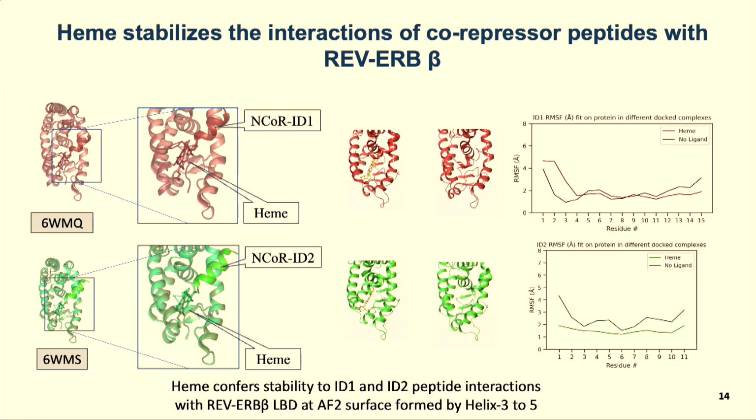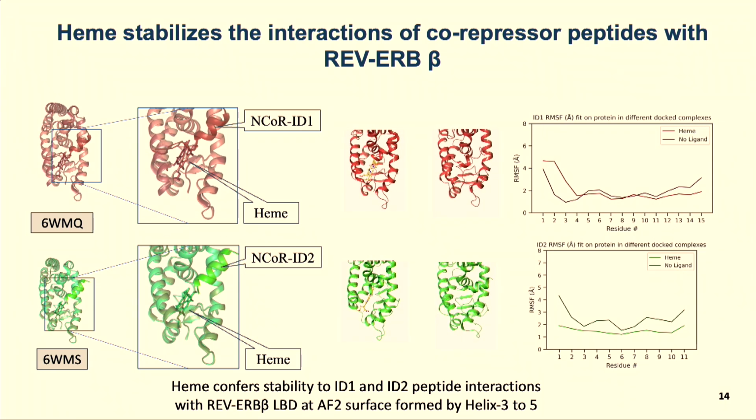When the heme is not bound, your corepressor is actually moving quite a bit, which we have quantified here in terms of RMSF. In the case of this ID1 here, essentially this region has higher flexibility in the unbound case, whereas this region has lower flexibility in the heme bound case. So essentially this region here interacts with the conserved region there and stabilizes this.